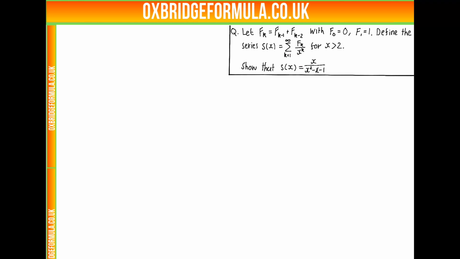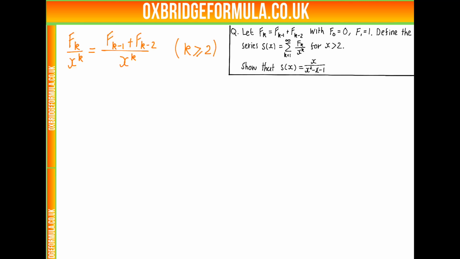You can prove it using difference equations: you construct a general formula for an element f_k of this sequence, then look at f_k over x to the k as a geometric progression and show that when x is greater than 2, the ratios of the terms you need to sum are all less than 1. But that's far beyond the scope of this question, so we're just allowed to assume this converges.